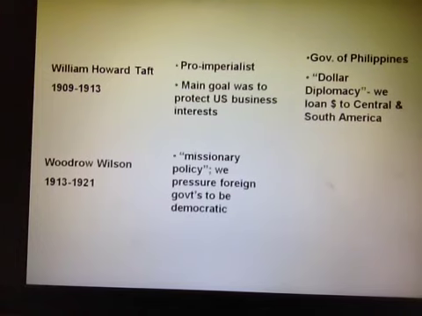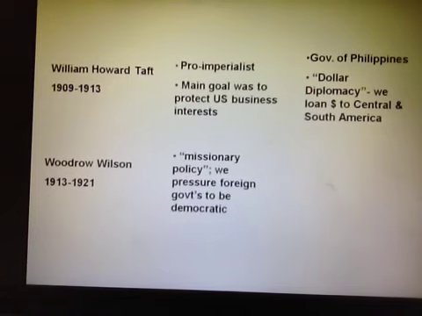And so his missionary policy is such that we try to pressure foreign governments to be democratic. He was the first president who said that maybe we wouldn't recognize countries and build diplomatic relationships with them and exchange ambassadors with them unless they were democratic. So, for example, when the Mexican Revolution happened, at first he didn't want to recognize the Carranza government until he was assured that it was in fact democratic.